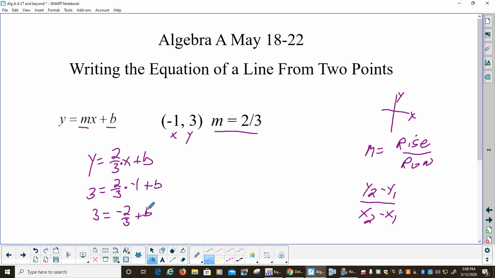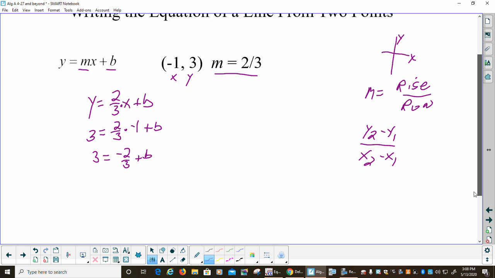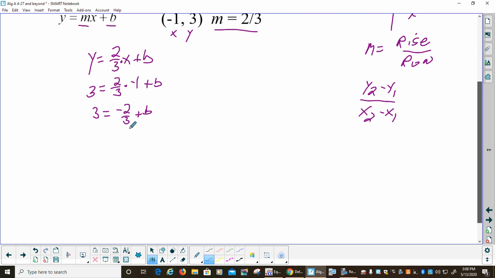Let me scroll this down just a little bit, give some more room. I want to solve for b. You're adding a -2/3, so to move the -2/3 to the other side, I have to add 2/3. You don't need your calculator for this. 3 plus 2/3 is 3 2/3.